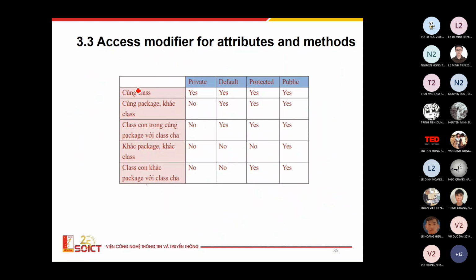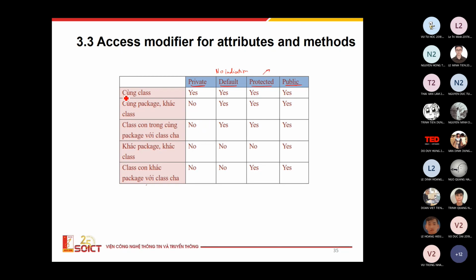And this is the table to resume to you what the access modifier can access. You have private, you have default or no indication. You have public, okay, and you have protected, which will be presented later.